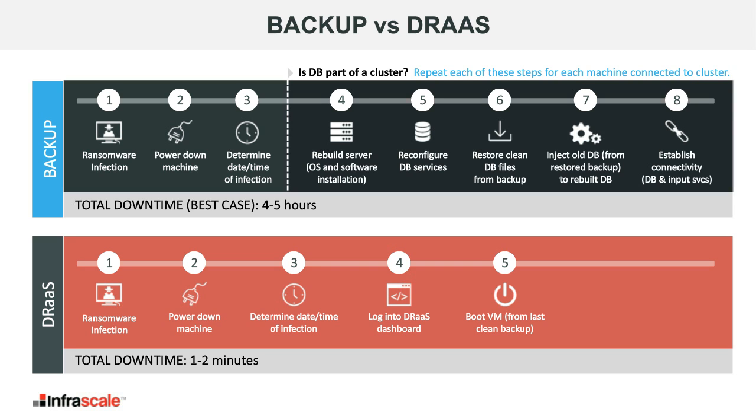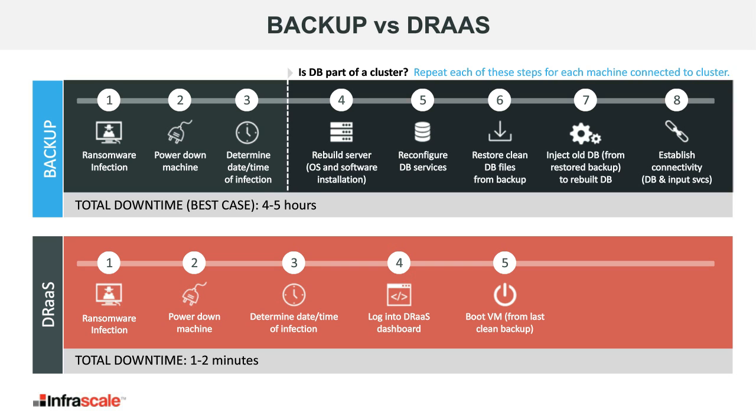But along the bottom, look at a DRaaS solution here. If you have a DRaaS system, you can simultaneously cloud boot multiple versions of the same machine and determine a safe version to recover. Then you can boot either to the cloud, a virtual environment, or recover to production hardware. If you look at the total downtime along the bottom of the screen here, it's 1 to 2 minutes.